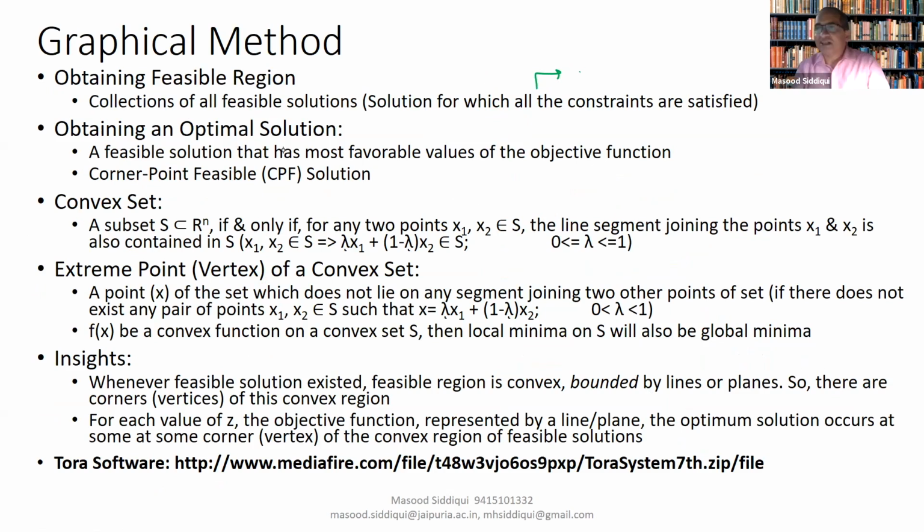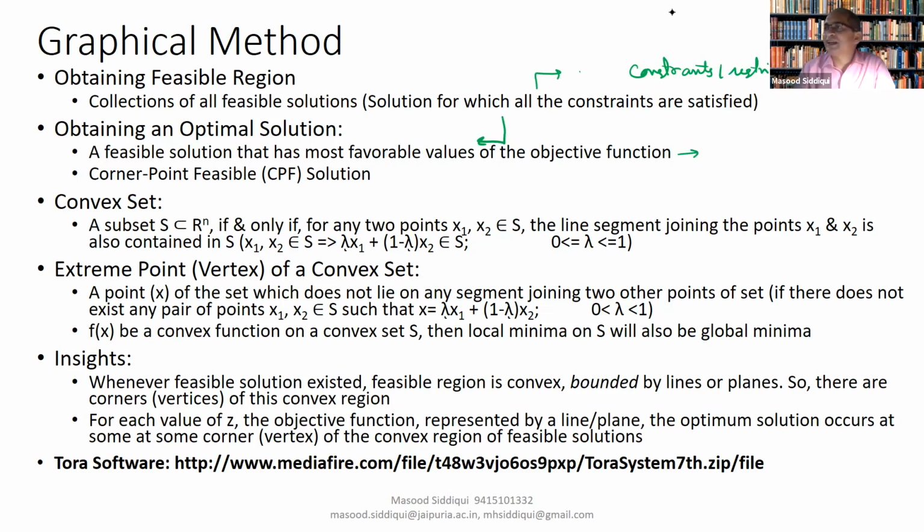These feasible regions are developed using constraints and restrictions, and obviously they are paramount in nature, means they have to be followed. From this feasible region, we move to the second part, that is obtaining an optimal solution: a feasible solution that has the most favorable value of the objective function, means where the objective function is mostly satisfied.